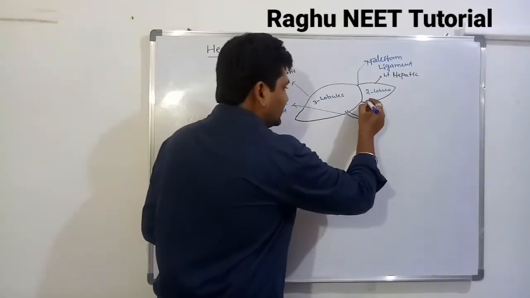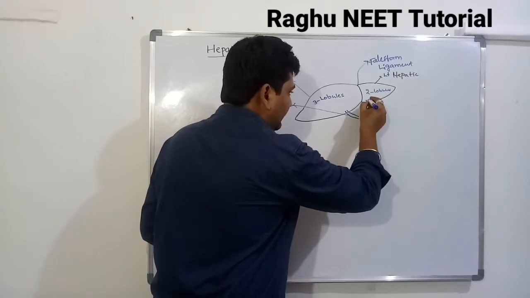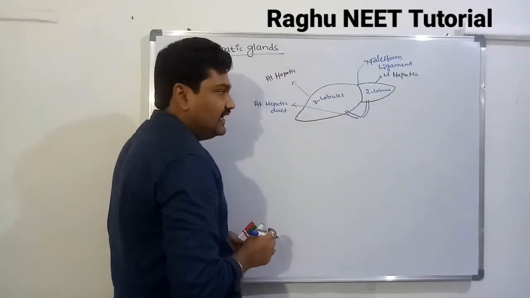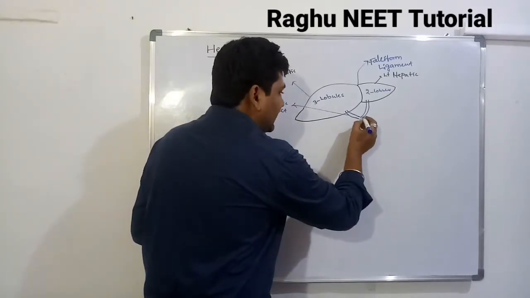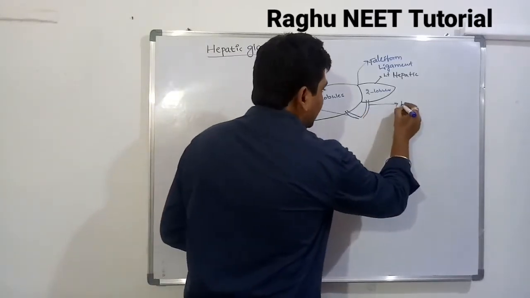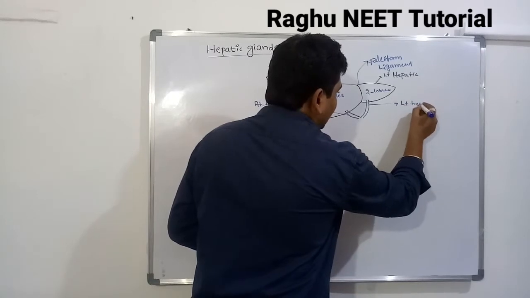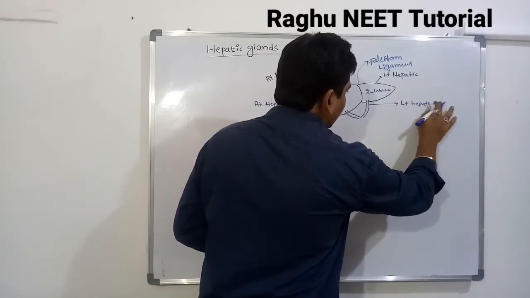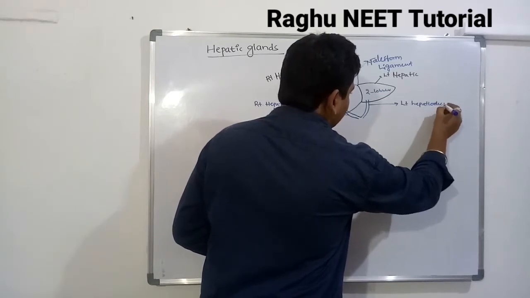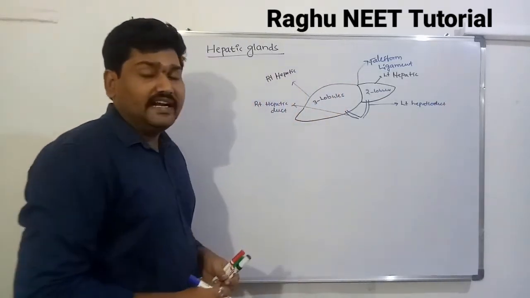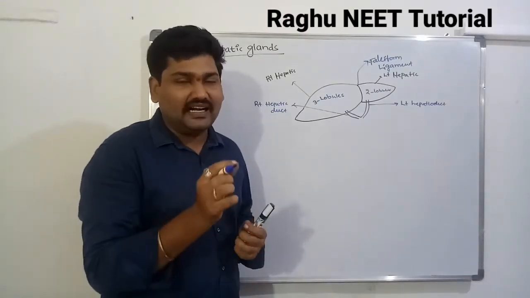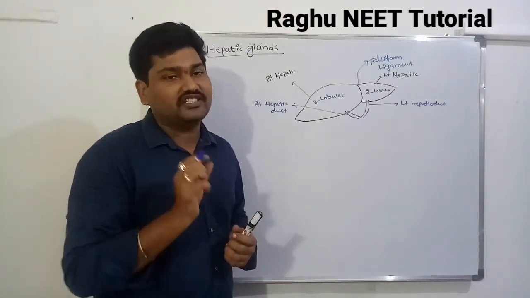As well, the left hepatic lobe also gives rise to a duct. This duct is called the left hepatic duct. The ducts arising from the left and right lobes combine together to form a common junction.